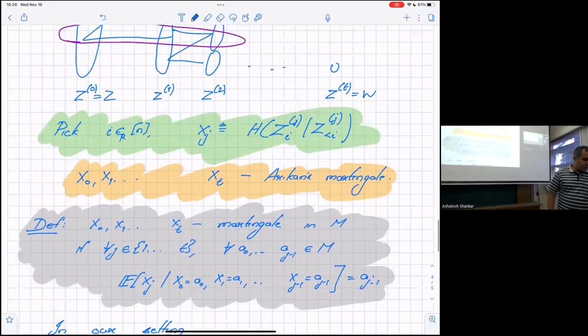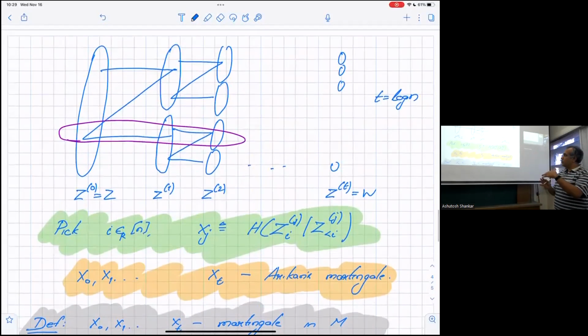Now, I want you to notice how things are evolving. You take two guys with some conditional entropies and they are mixing together. But when they mix together, the sum of the two conditional entropies is exactly equal to the sum of the two conditional entropies to begin with. That's because the entropy of this system is the same as that entropy, since it's a permutation.